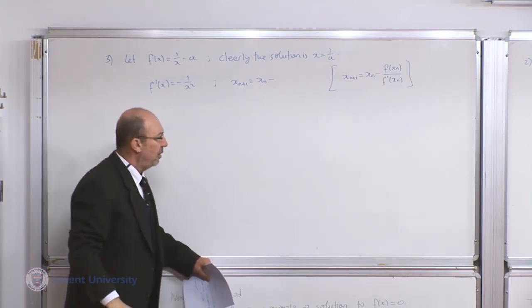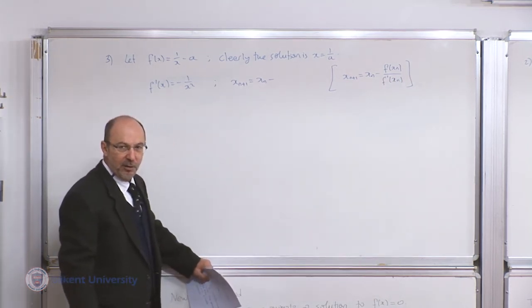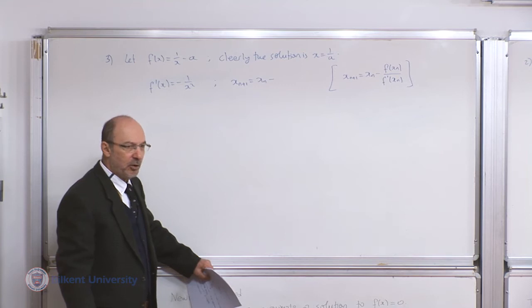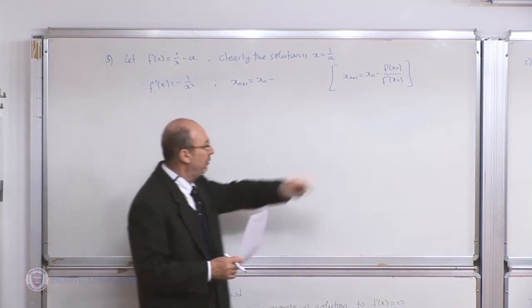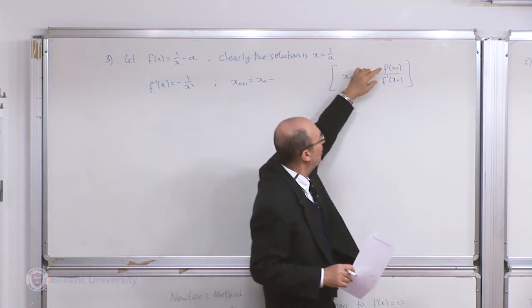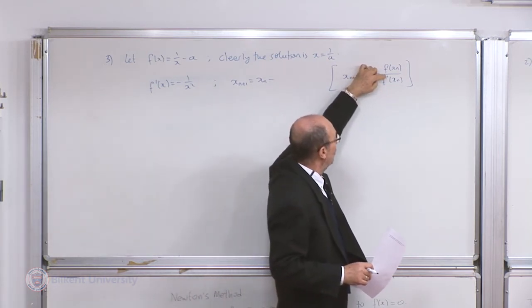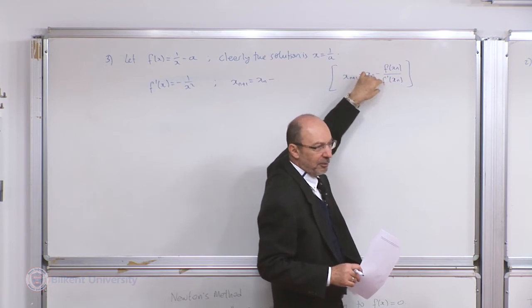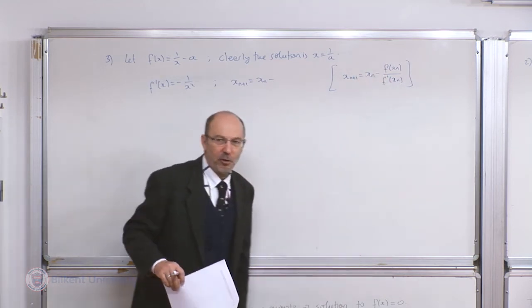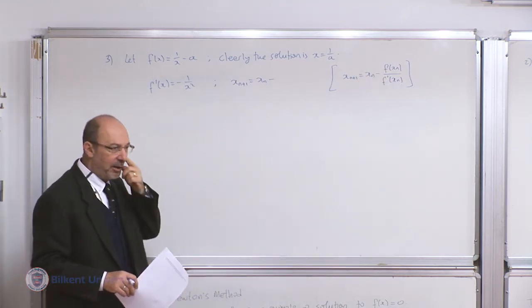You remember this formula through the fact that if the derivative is 0 at that point, the tangent line is horizontal, and the tangent line never intersects the x-axis. So the formula should remind you there. I sometimes get confused whether this f prime was here or here. It should be in the denominator so that it will not allow me to divide by 0.